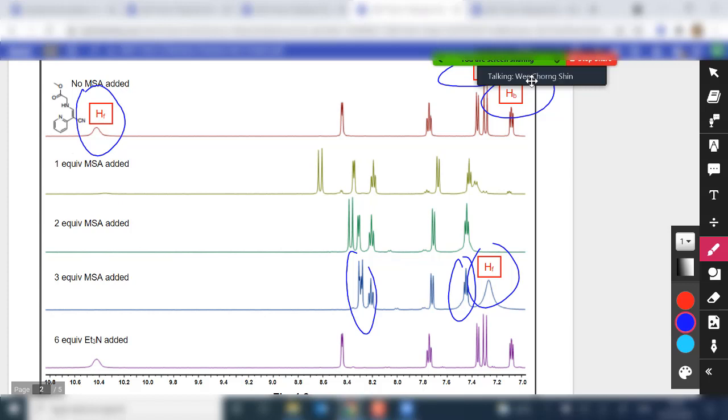And you notice that in a lot of this kind of experiment, after the whole thing, they will just add in 6 equivalents, and they will add the base again to see whether you can get back the original compound, so as to prove that it is merely an acid-base reaction that's taking place.